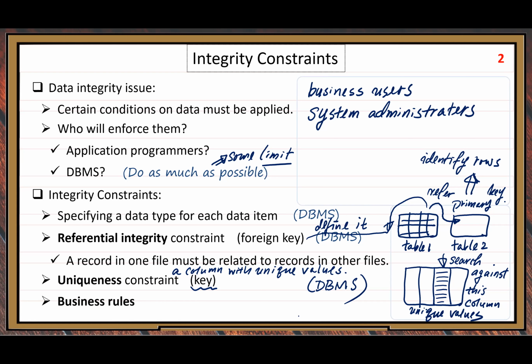So for the business rules, that part is our responsibility, application programmers. We need to write code. But the code is SQL code, right? So here, the core part, SQL code, to enforce.